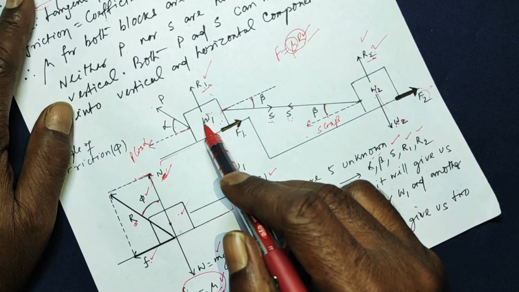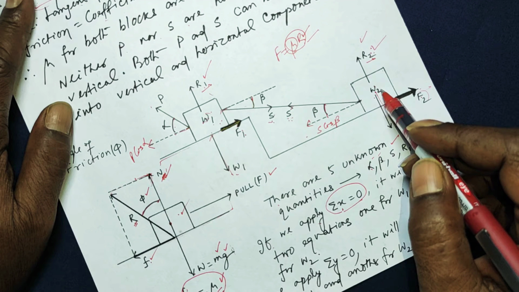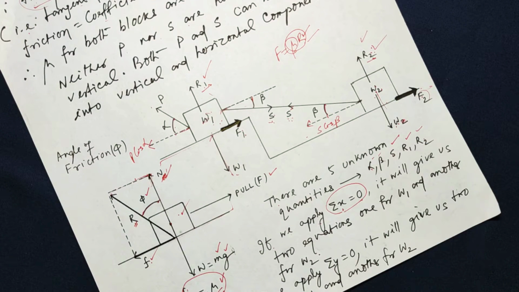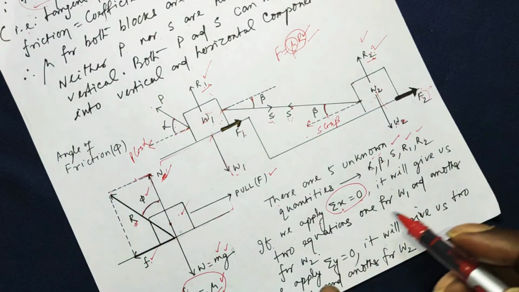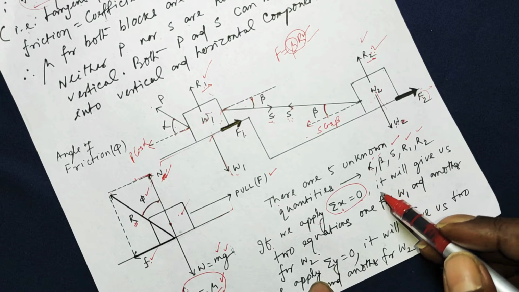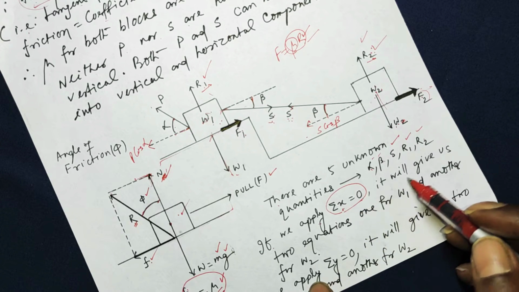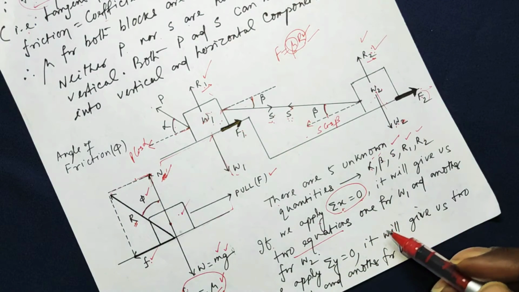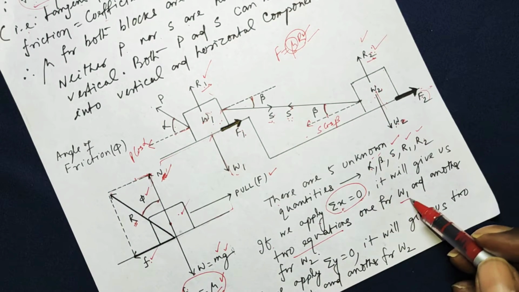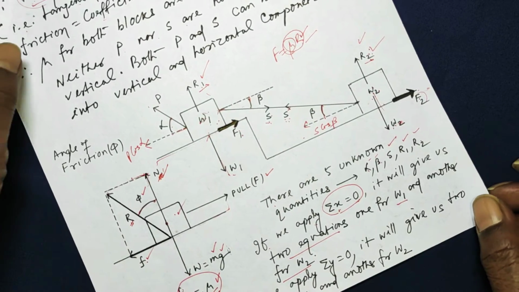So there will be 2 equations, one for W1 and one for W2.